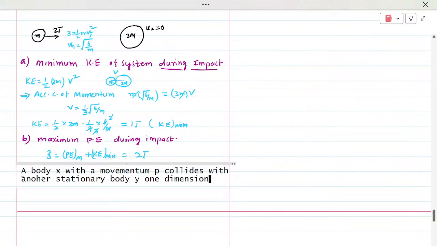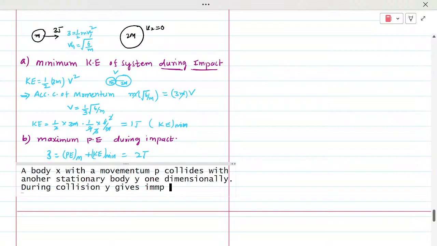So during the collision, both masses have the same velocity. Y gives impulse. Impulse means change in momentum.